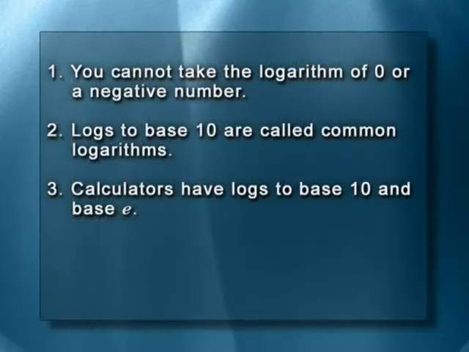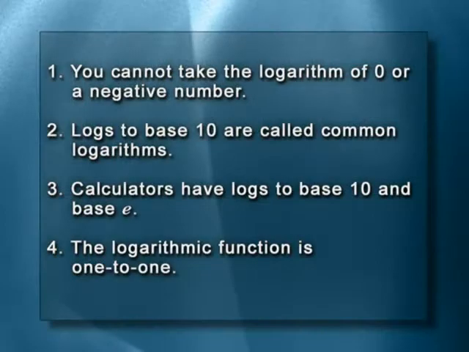Your calculator also has a key for the natural logarithm, which is the base e logarithm, and we'll come to that in a few minutes. And again, because the exponential function is one-to-one, the logarithmic function is also one-to-one, because they're inverses of each other.